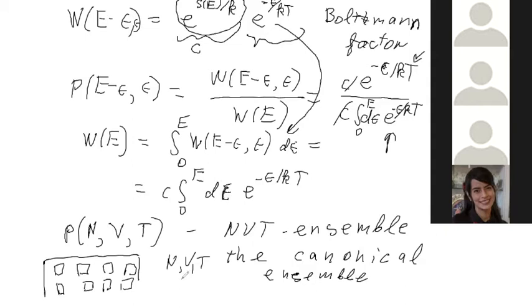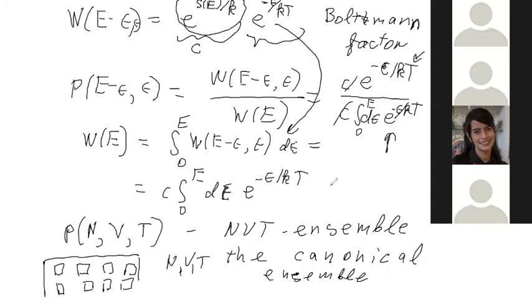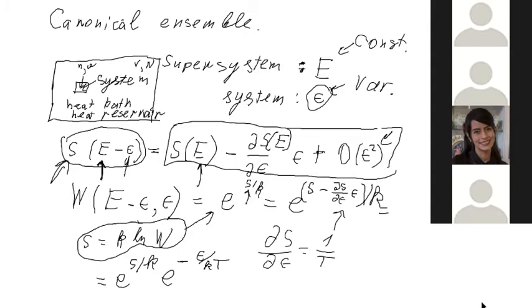Can I ask again? Of course. From the Taylor expansion, when we plug in the expansion of the entropy, the higher order terms, why did they vanish? Okay, so we pretended that the total energy E is a very large number, so we can measure energy in units of total energy.